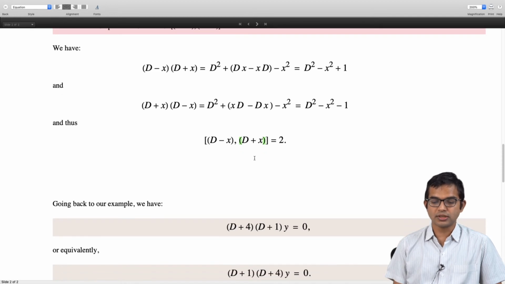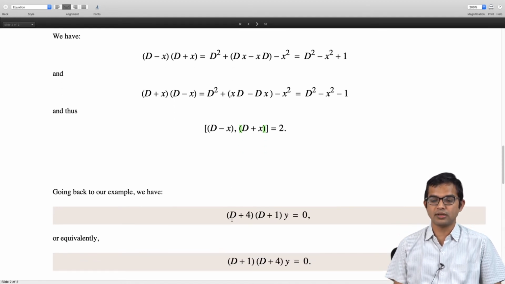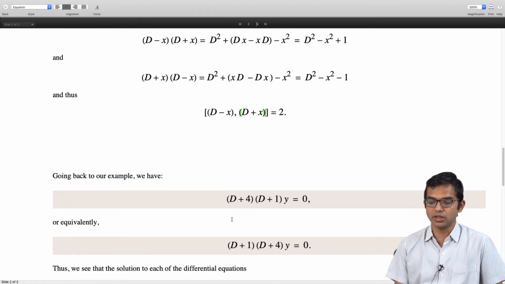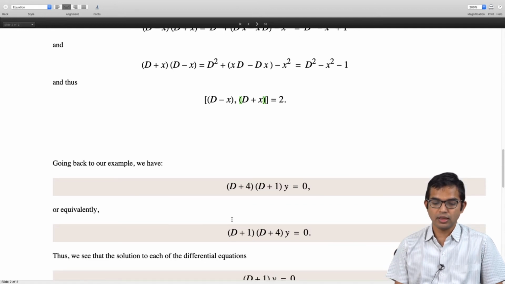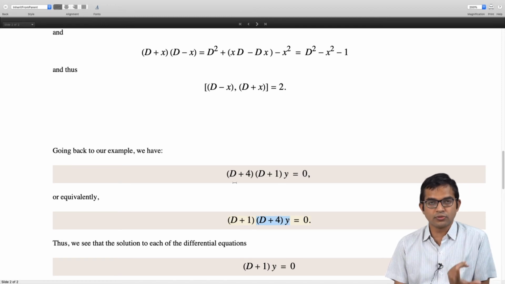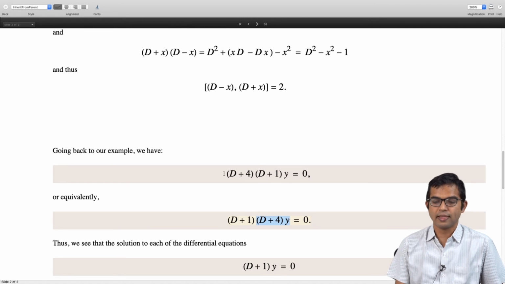We have just argued that it doesn't matter whether I think of this as d plus 4 times d plus 1 acting on y equal to 0, or d plus 1 times d plus 4 acting on y equal to 0. So the solution to each of these differential equations, if I somehow manage to solve just d plus 1 acting on y equal to 0, or d plus 4 acting on y equal to 0, each of these solutions is also a solution for the full differential equation.